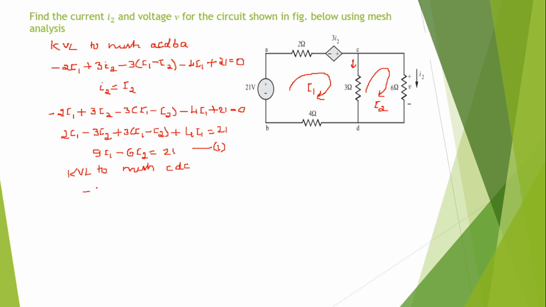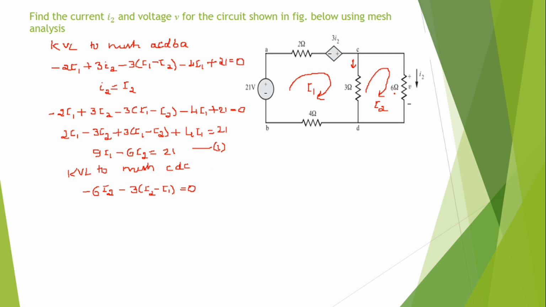Minus 6I2 minus 3(I2 minus I1) equal to 0.